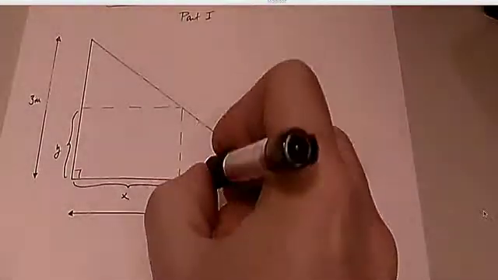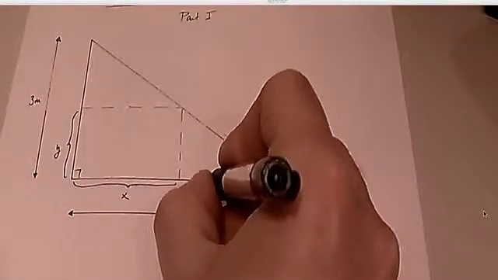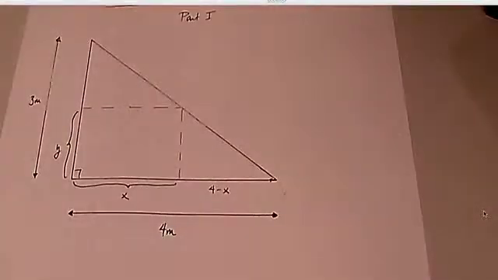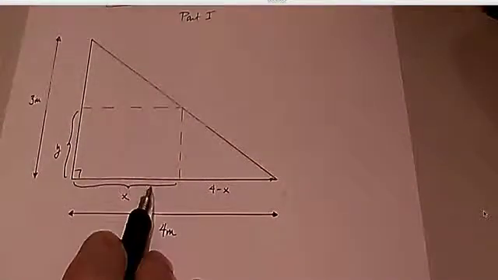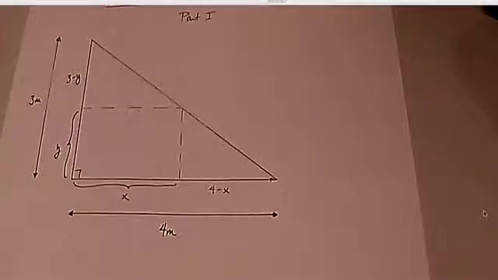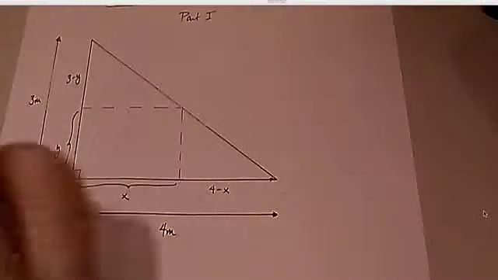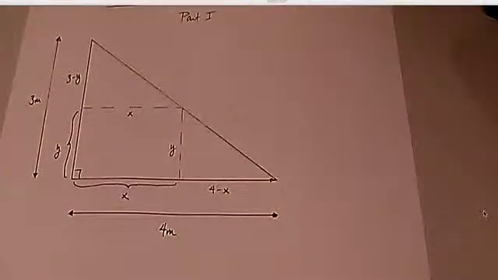Now, that means that this over here is 4 minus x, because it's what's left over after you take 4 and subtract x, right? Up here, we have 3 minus y. Now, that's important because this edge over here is also x. This edge over here is also y.